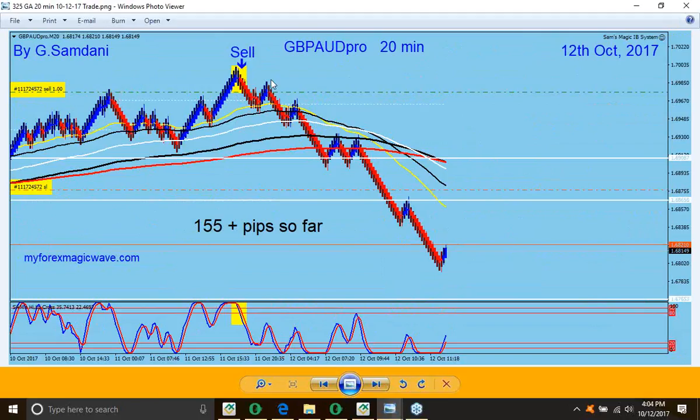Here you don't see a level here, but yeah, it was a nice level here, and short setup all the way down. First this level, bounced a little bit, broke it down, broke this level, tested it down, 155 pip. Very, very clean trades.